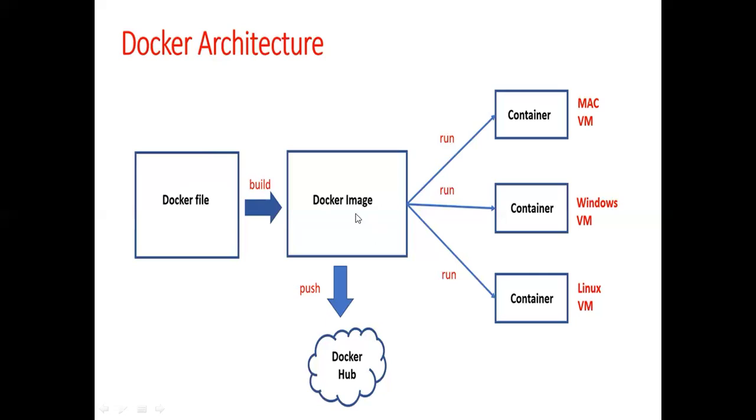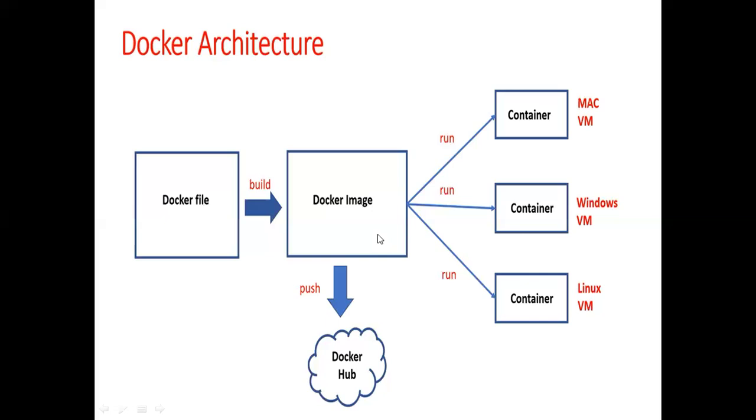And once you build an image, you can put that image in the Docker Hub registry. This is a public registry where you can place your image, or you can run a container using that image. So you can run multiple containers using the same image. Suppose here there are 3 containers running using that Docker image.